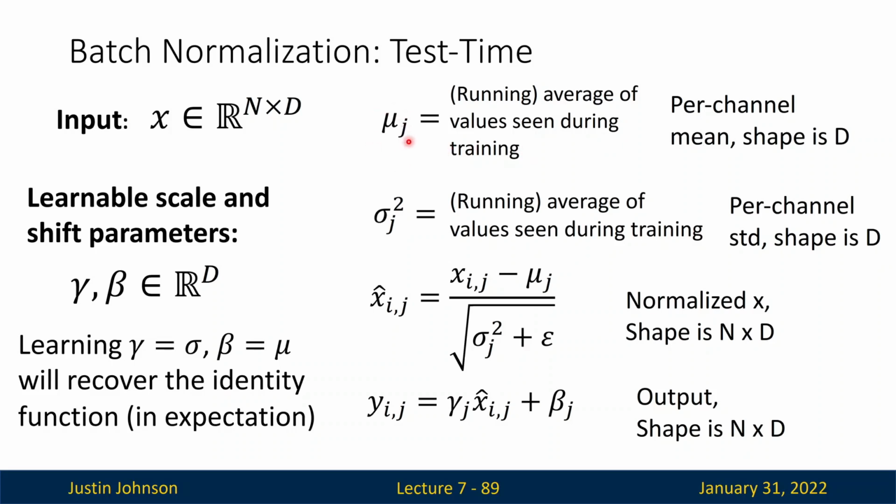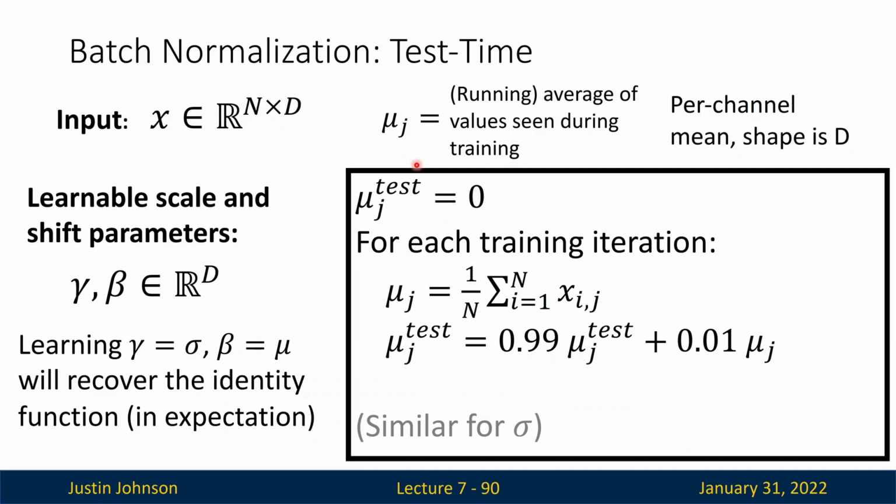So they can learn the mu as a running average. It means if you have 1 million batches, then you will do the normalization 1 million times, and you can calculate the average of those 1 million batches.